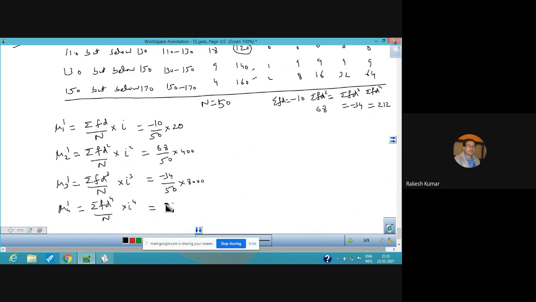And similarly you will have 212 divided by 50 into 16,000. So ultimately you can calculate the values. The value will be minus 4, and so on.